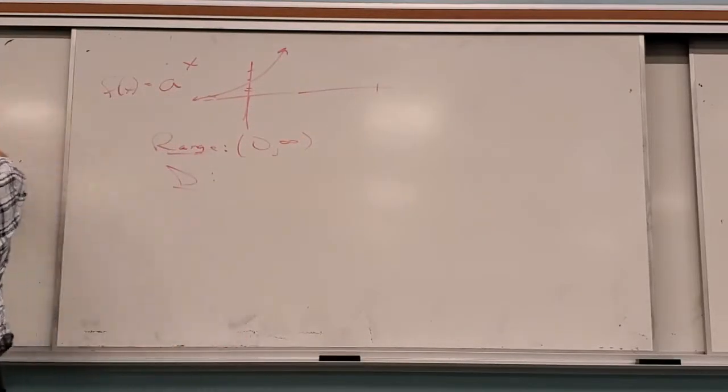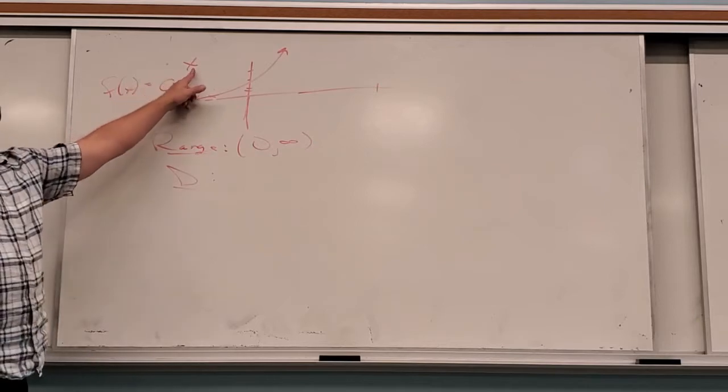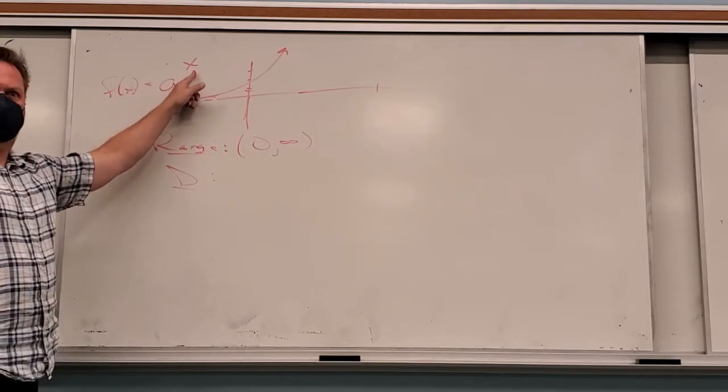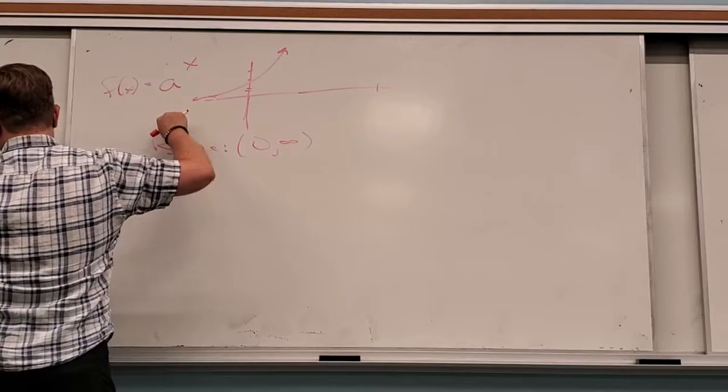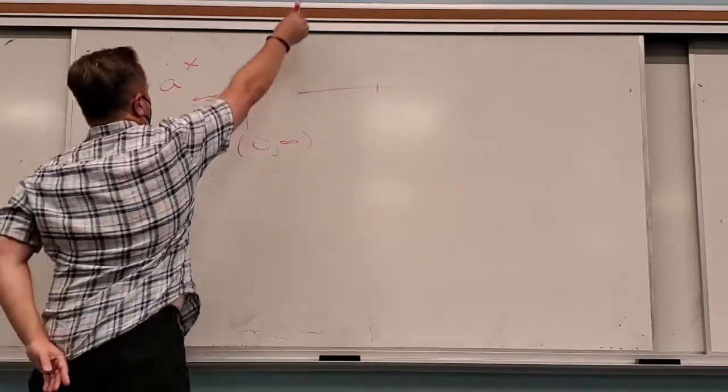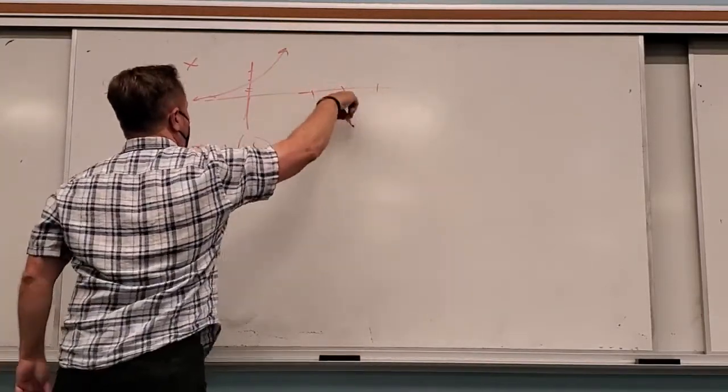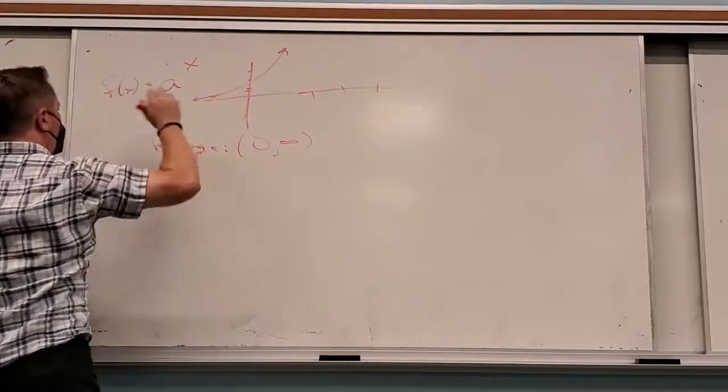We'll have an output down here, if I follow it long enough. Is there any x that won't lead to an output? No. So the domain is all real numbers, negative infinity to infinity, because it will eventually get to these and to those.